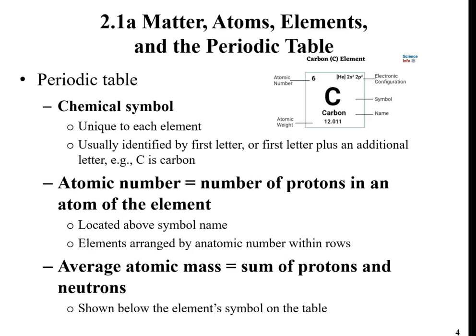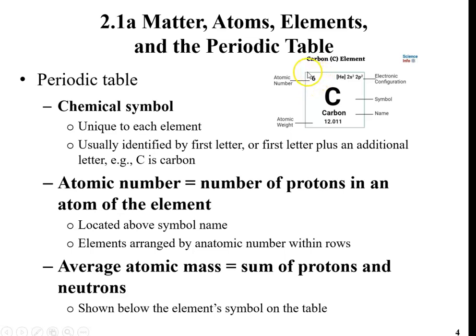The periodic table. So here's how to read an element on the periodic table. The big letter in the middle, or letters in the middle, are the chemical symbol of the element. So this is carbon. Chemical symbol is C. You can see the atomic number. That's the number of protons in an atom of the element.